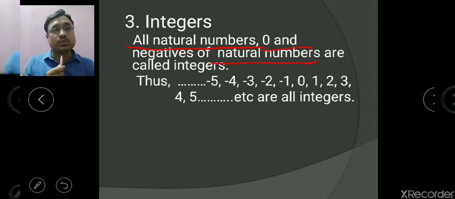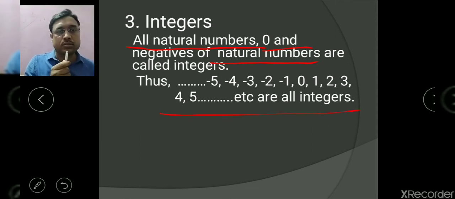That means -1, -2, -3, so on towards the negative infinity, they form the integers. For example, here I have shown, you can see dot dot dot, -5, -4, -3, it forms the set of the integers, and integers are positive and negative both.